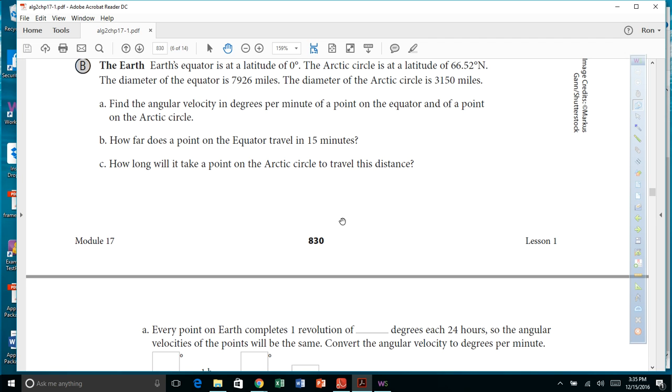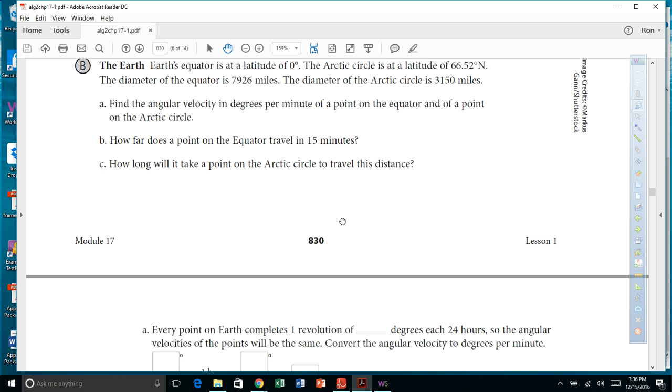Earth's equator is at a latitude of 0 degrees. The Arctic Circle is at a latitude of 66.52 degrees north. The diameter of the equator is 7,926 miles. The diameter of the Arctic Circle is 3,150 miles.